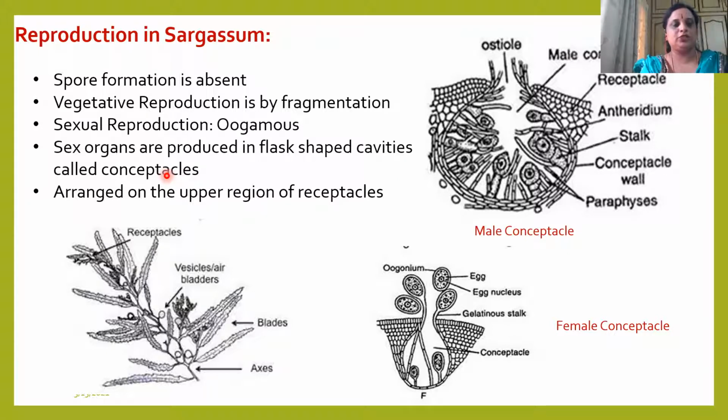As I was mentioning, for example, if this is a thallus of Sargassum, this is one of the branches which I have shown. If it has an axis, it produces some lateral branches. Those can be compared to leaves, or some phycologists call them blades also. Some of the blades or lateral branches get modified into vesicles or air bladders.